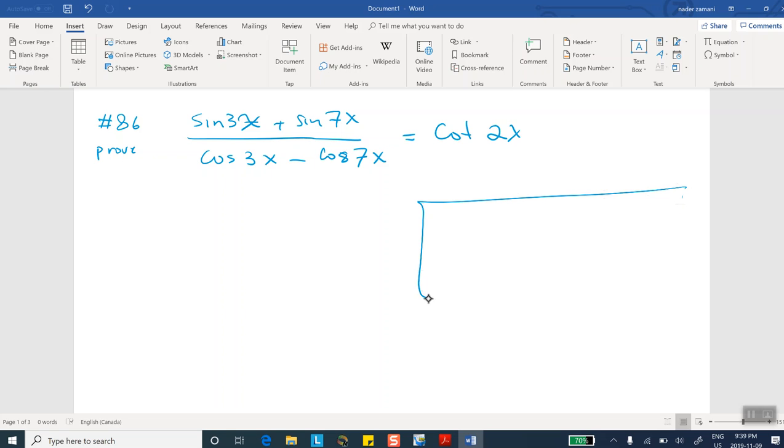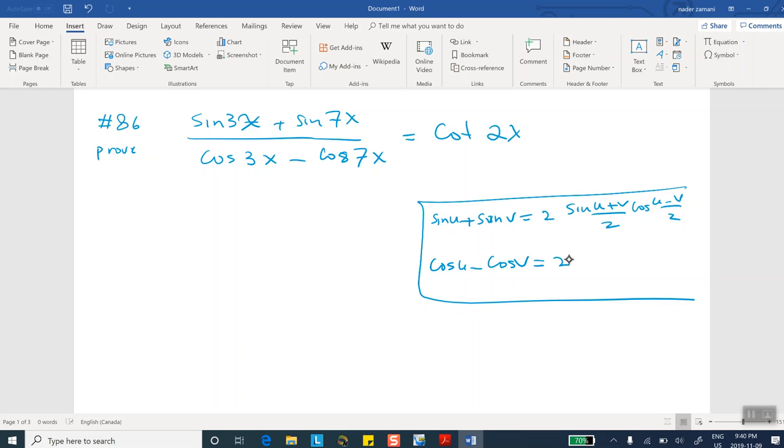Now the two formulas that we need, the top one is already the same as before. In other words, if you have sine of u plus sine of v, this is 2 sine of (u plus v) over 2 cosine of (u minus v) over 2. The bottom one, cosine of u minus cosine of v: if you look in your table, you're going to see that this is actually minus 2.